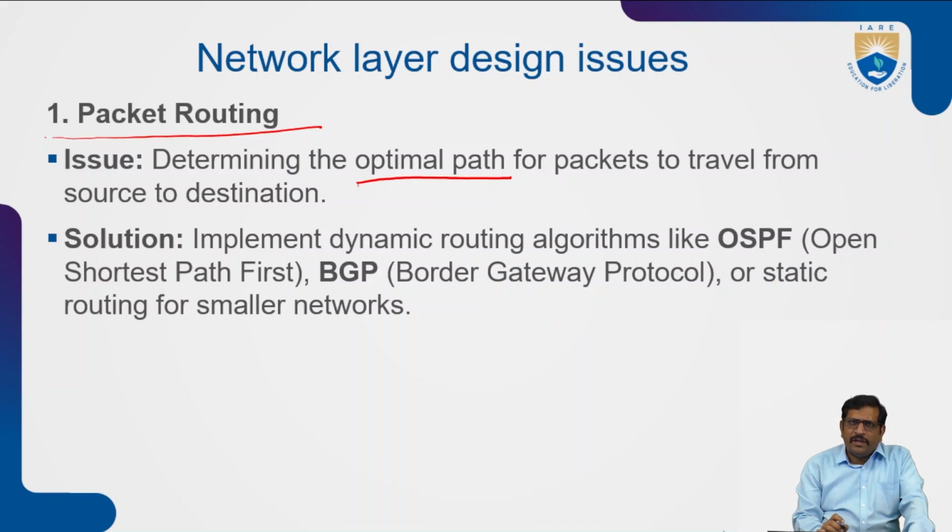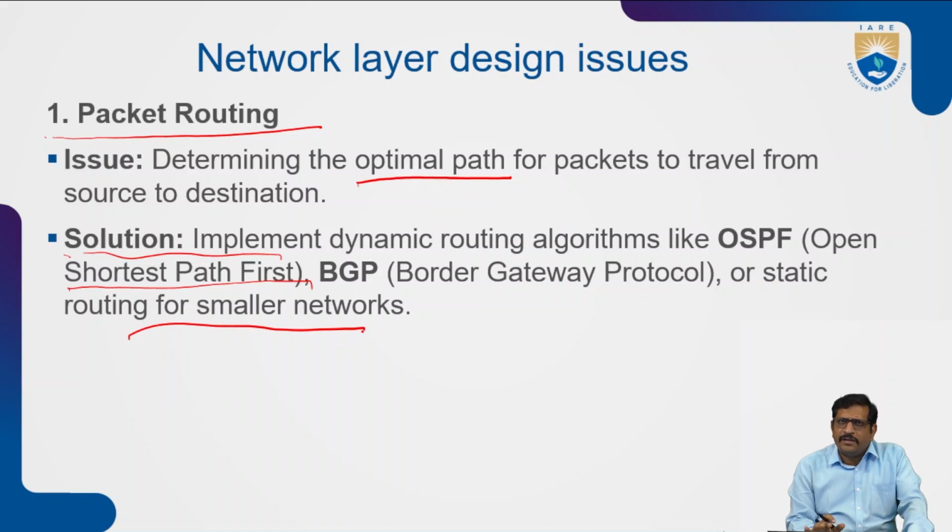Now this issue can be resolved. For that, the solution is implementing a dynamic routing algorithm, like OSPF, Open Shortest Path First. This is one algorithm. Or BGP, Border Gateway Protocol, or static routing for smaller networks.